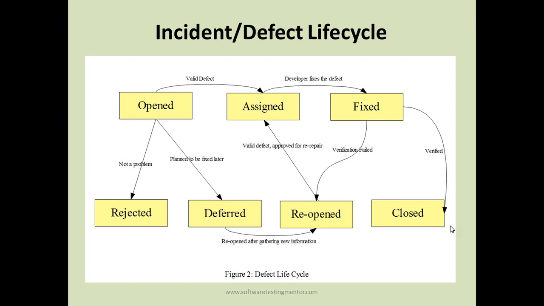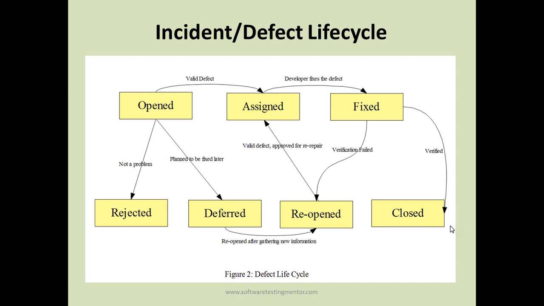Once it is assigned, the developer fixes the defect. Once he fixes the defect, he changes the state of the defect to fixed and reassigns it back to the tester who raised that defect, to verify it.